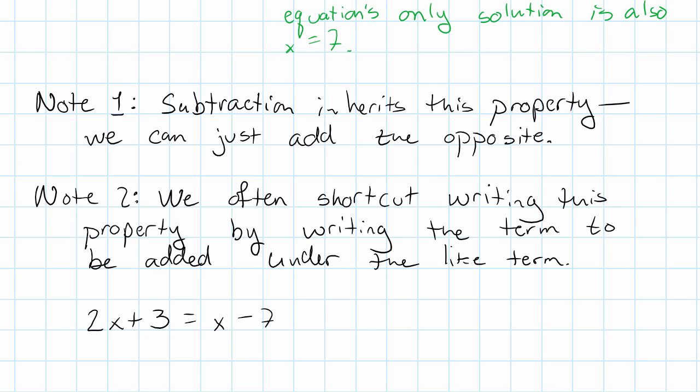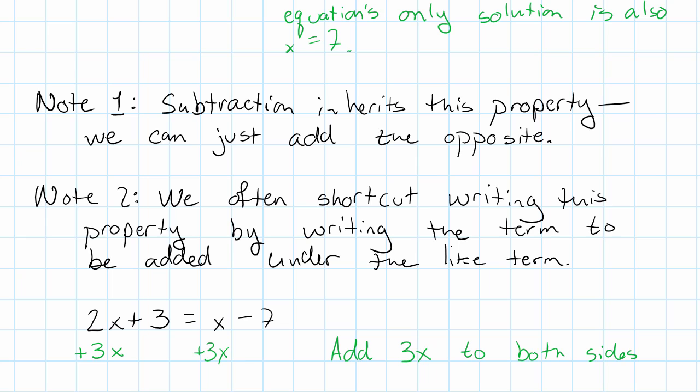2x plus 3 equals x minus 7, and we decide for some reason that we ought to add 3x to both sides, well, we'll write a 3x on the left-hand side underneath the x term, because that's what we want to combine it with.